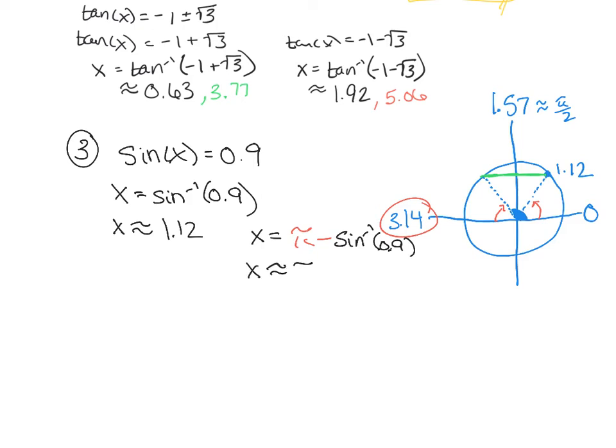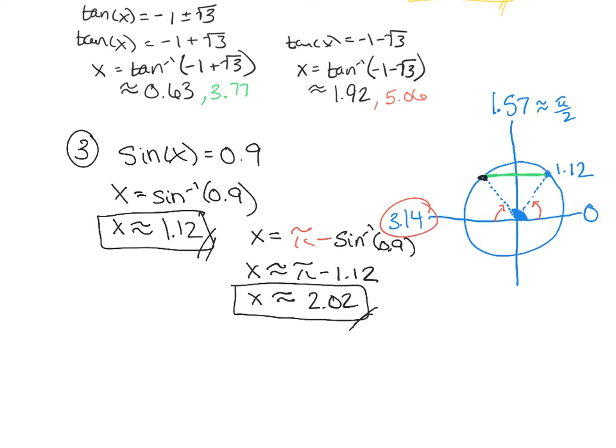It's going to be about pi minus 1.12, or about 2.02, which is going to give us roughly this spot right there. So again, our answers are 1.12 and 2.02.